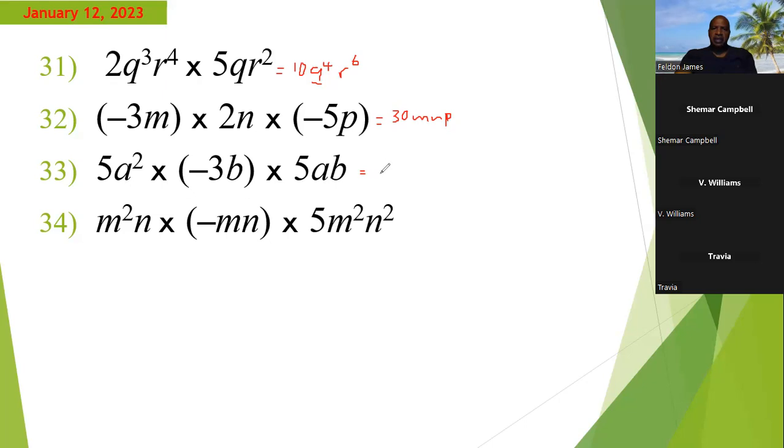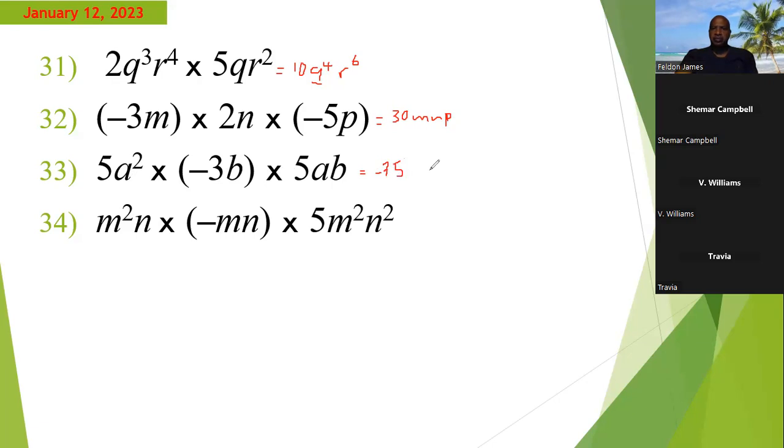One is an odd number, so our answer is going to be negative. So it is negative 45. Sir, it should be 75. Oh, sorry. Yeah, that's true. 25 times 3, yes. Correct. 75. So it is negative 75 a cubed b squared.